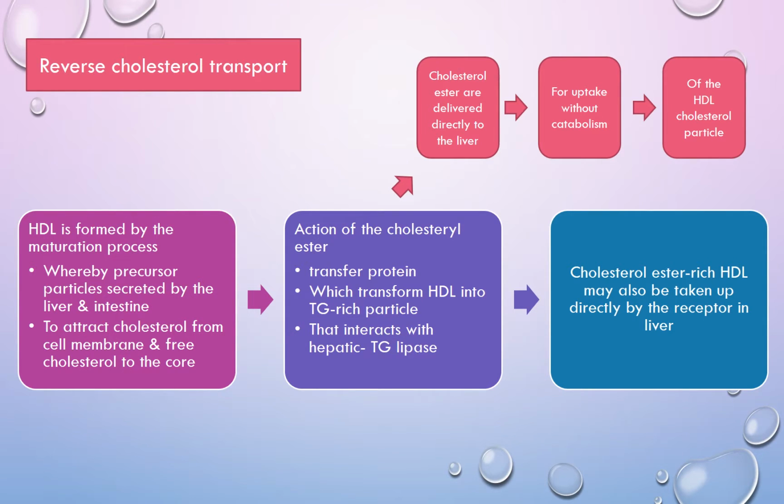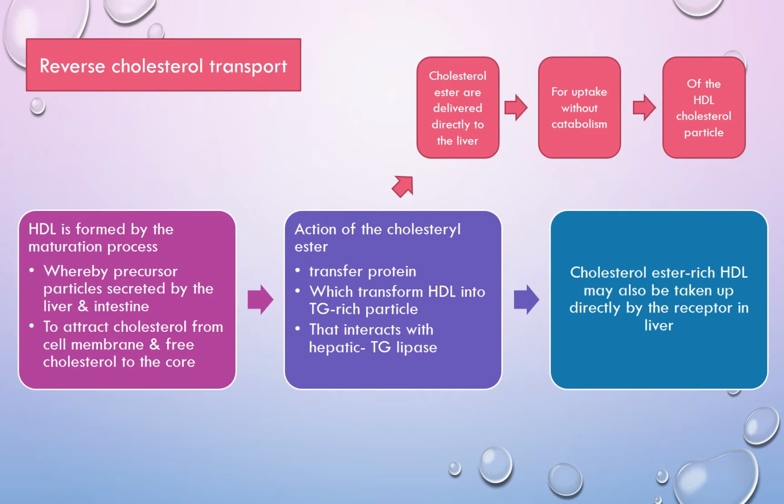The last pathway is the reverse cholesterol transport. The mature HDL will attract the cholesterol from the cell membrane and move free cholesterol to the core. The cholesterol ester transfer protein will then transform HDL into triglyceride-rich particles.